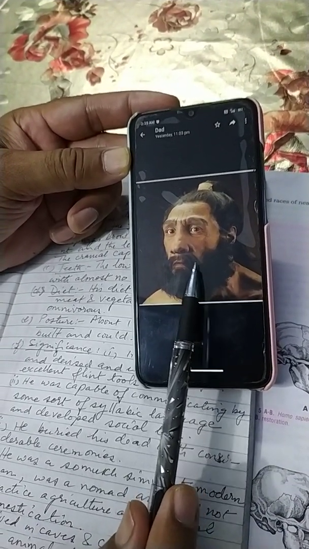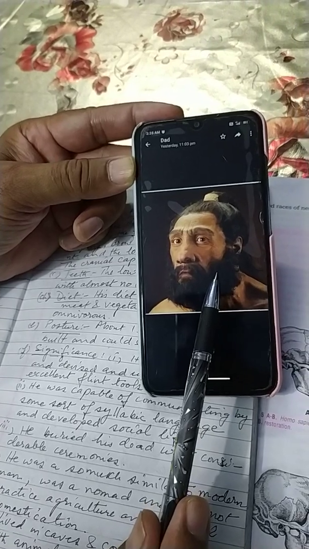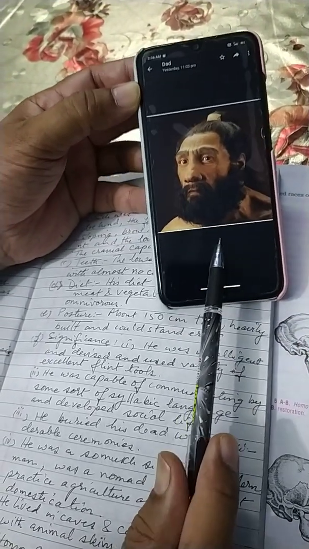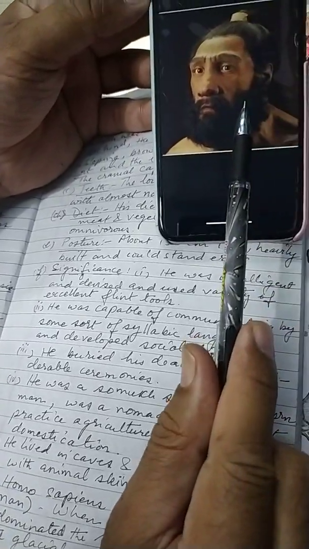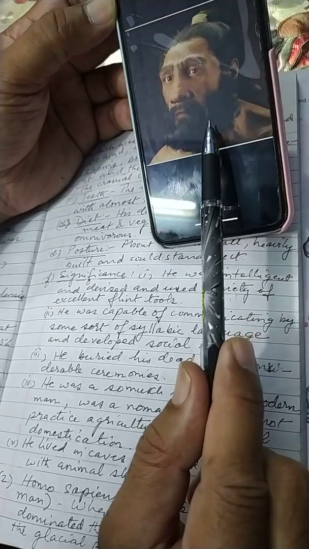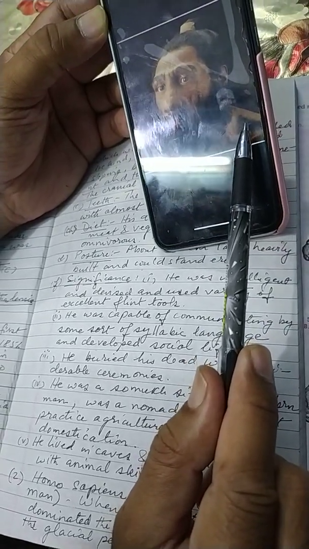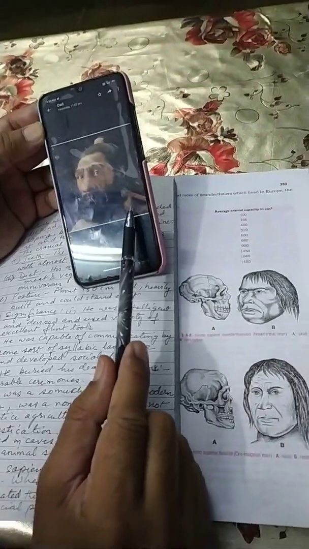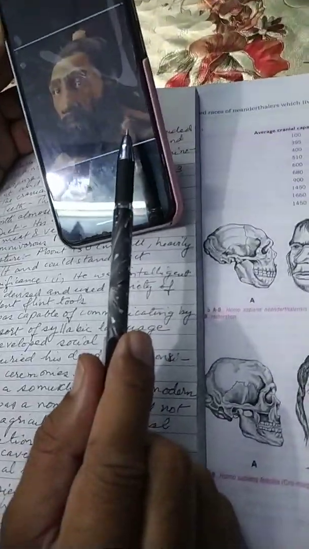He could eat anything that he got. His posture was almost erect, about 150 centimeters tall he was, and he was heavily built. As you can see, the shoulders here are very heavily built, and he could stand tall and strong.